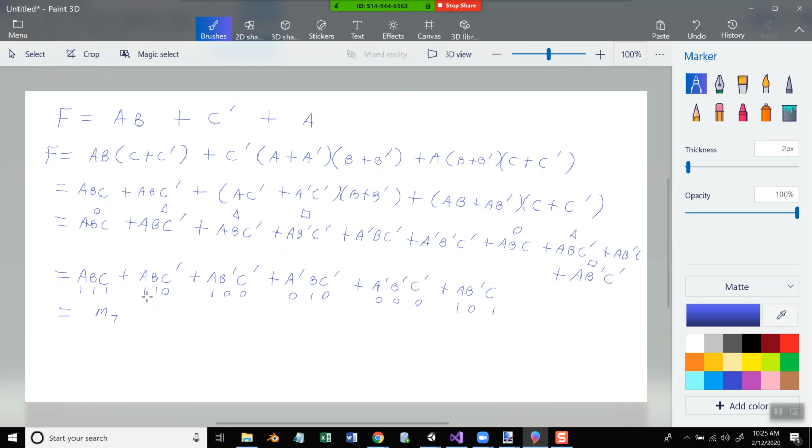Okay, this would be 4 plus 2 is 6, so that's M sub 6. This one's 4. This one's 2. That's 1, 0. This one's 4 plus 1 is 5. Assuming my eyes didn't get off.